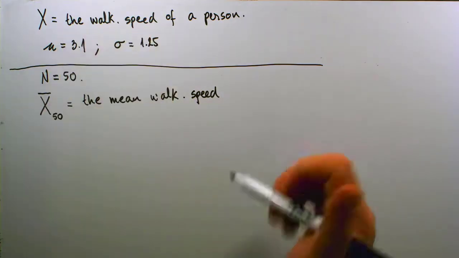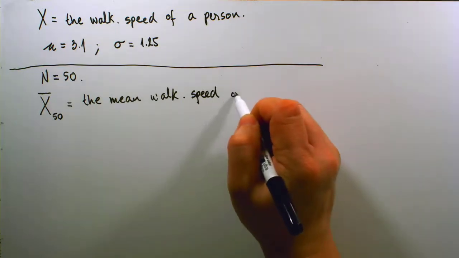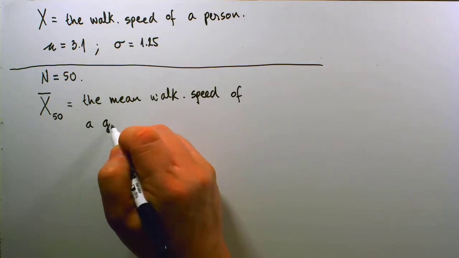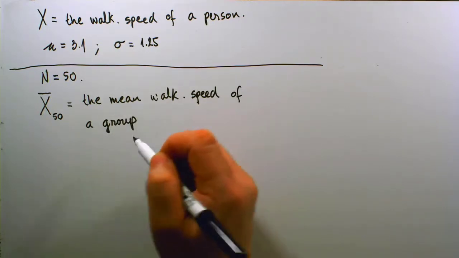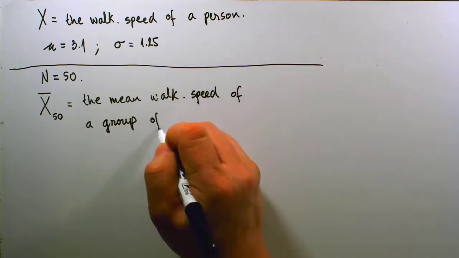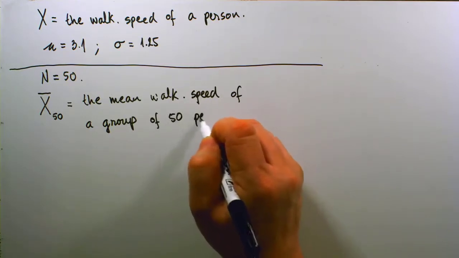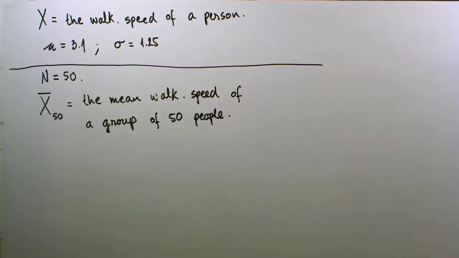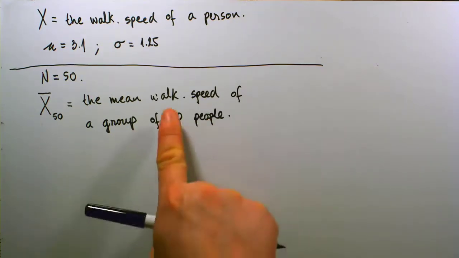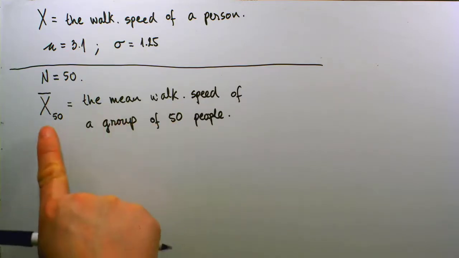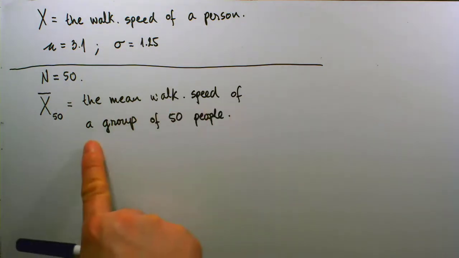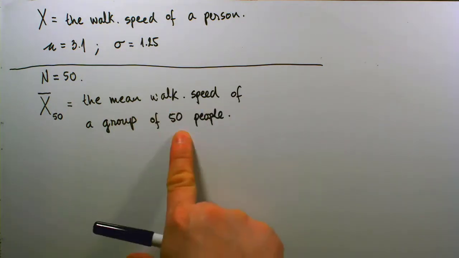So it is the mean walking speed of a group, or I should have said sample, but it means the same thing. So here capital X bar 50 represents the mean walking speed of any group of 50 people.